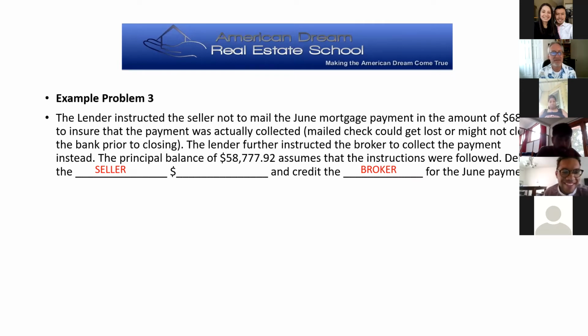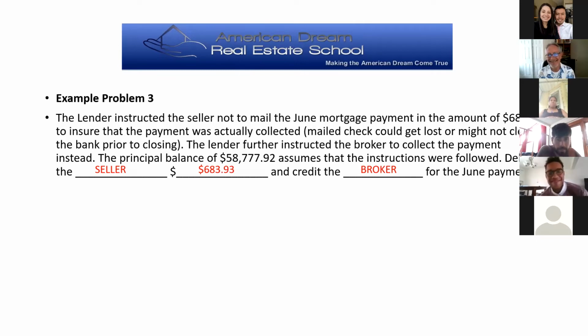What's the amount? Look at the question. Okay. The lender instructed the seller not to mail the June mortgage payment. $683. Yeah, it's almost like, can it be that easy? Can it really be? And yeah, you're basically just spitting out what the question just told you, right?